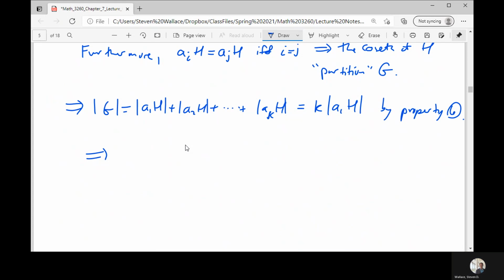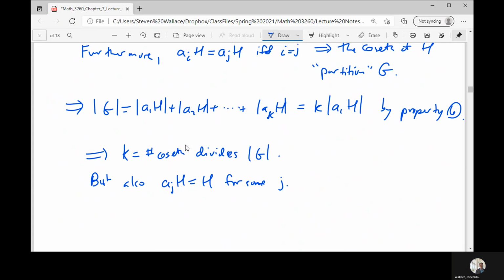Okay, so that means that k, which is the number of cosets, divides the order of G. But not only that, AjH is equal to H for some j, since EH is a coset of H. So this means that K times the order of H is equal to the order of G, since each coset has the same order as A1H.